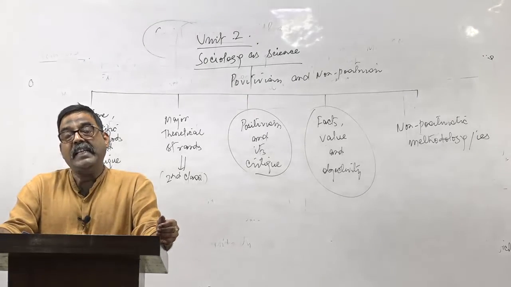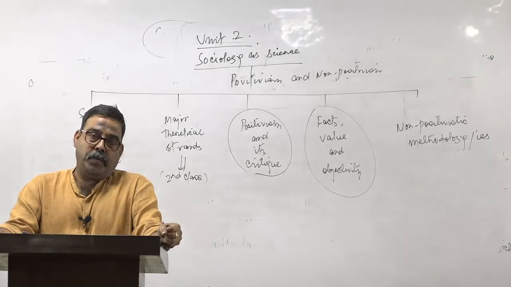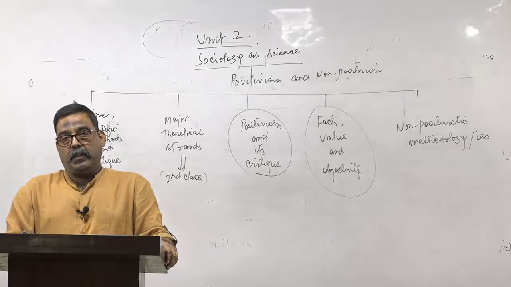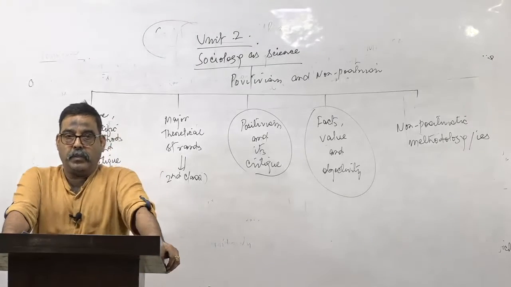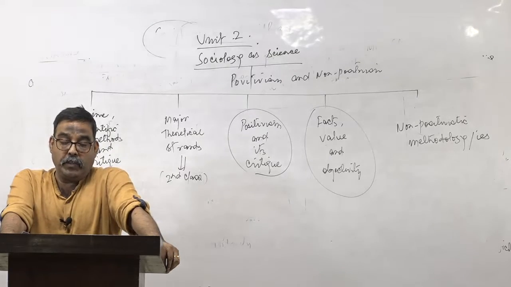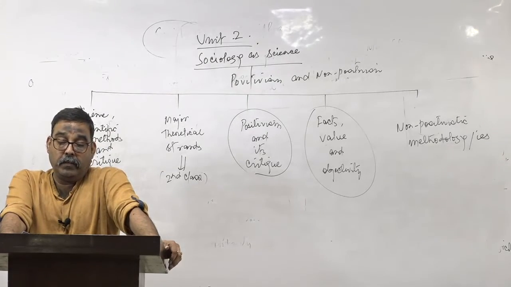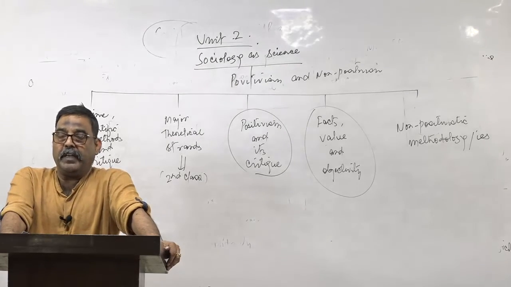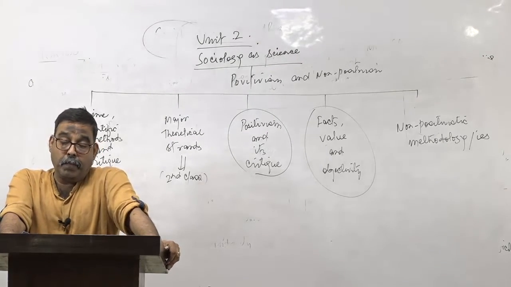Why? Because science is all about facts, not of values. Thus, in the Weberian sociology, not only the non-positivist perspective emerges out, but the concept of value relevance, value neutrality, and the ideographic approach opposite to the nomothetic, that begins it, individualizing laws.